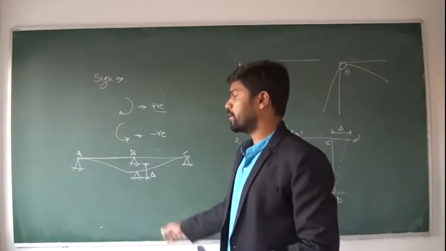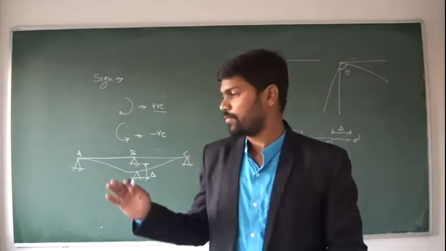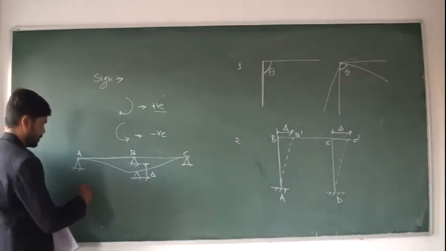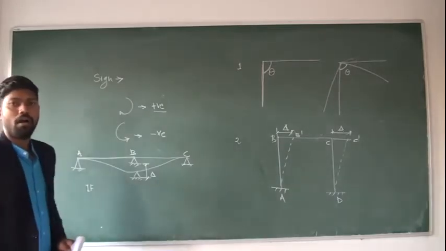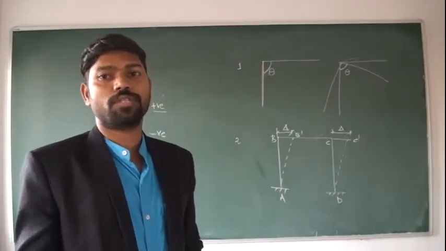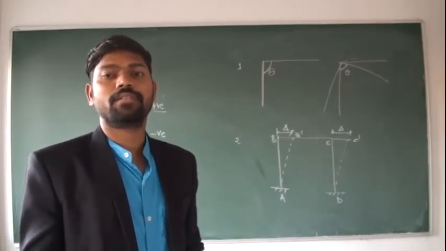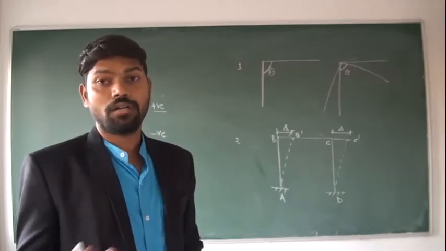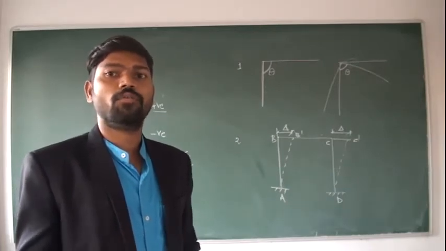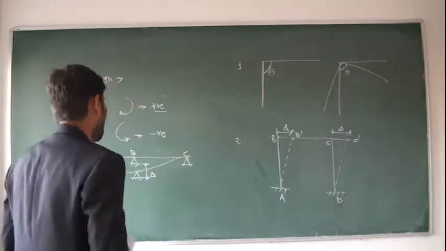Whether the settlement is to be taken as positive or negative, for that we will fix the sign convention. If the right side support is below the left side support, then the settlement is considered to be positive. On the contrary, if the right side support is above the left side support, then we have to consider that settlement as negative.